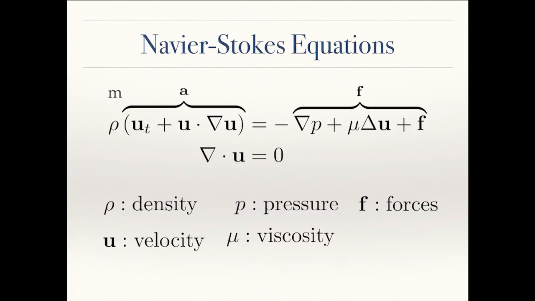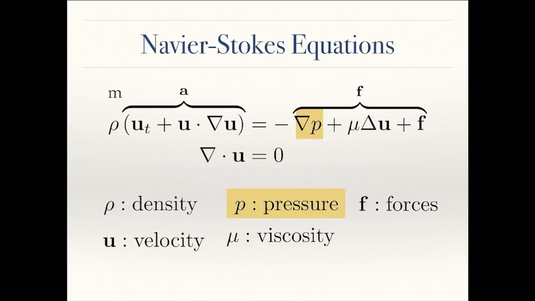And this is really the sort of material model of the fluid. The terms here we have are density, rho is density, u is the velocity field. So before we were talking about velocities of particles. Now that we're talking about fluids, it's very common to talk about a velocity field. So we're talking about the velocity at a point in space rather than the velocity of some particle, a piece of fluid moving around.